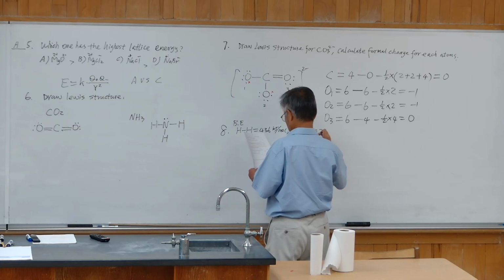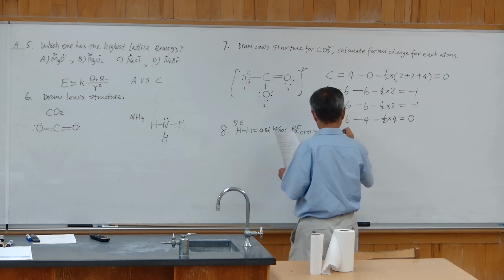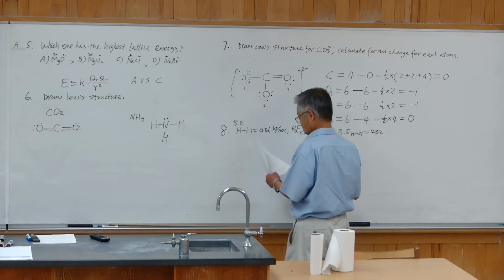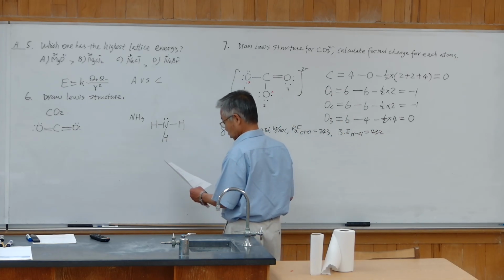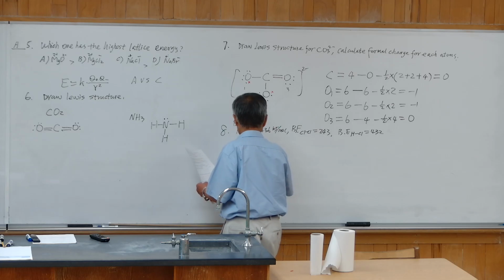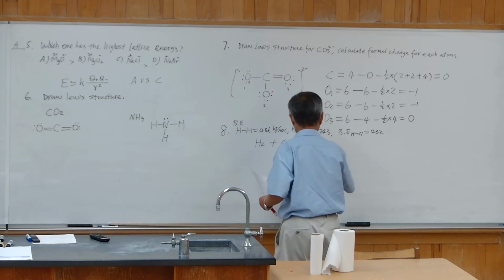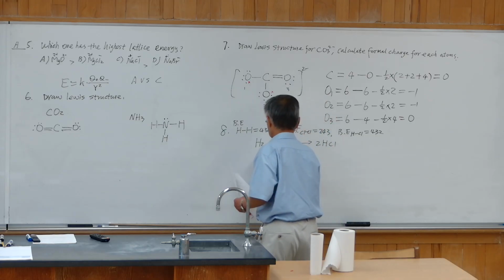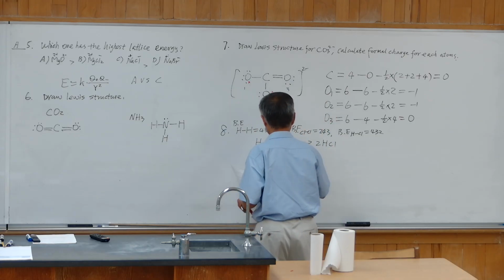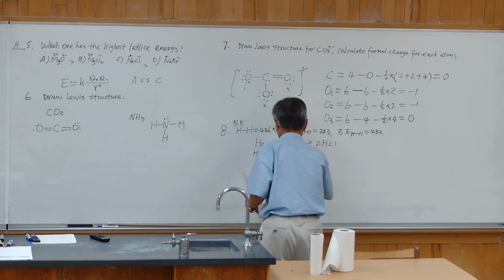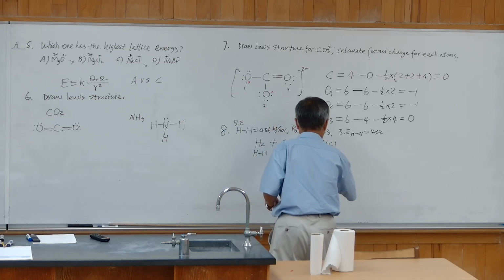Chlorine-chlorine: 243. Chlorine-hydrogen: 432. Calculate the enthalpy change for the reaction: hydrogen reacts with chlorine to produce 2 hydrogen chloride. In hydrogen gas, there is a single bond between hydrogen atoms. In chlorine gas, there is a single bond between chlorine atoms. And in hydrogen chloride, also a single bond.